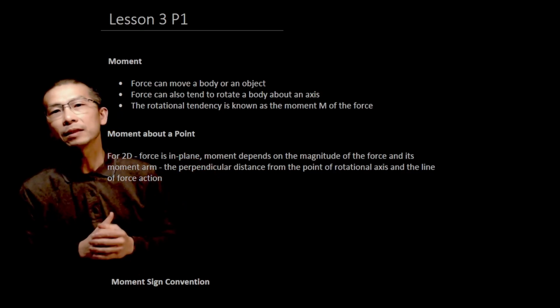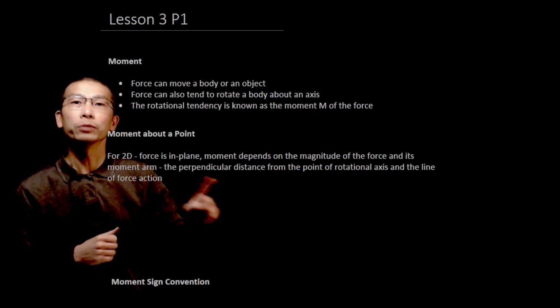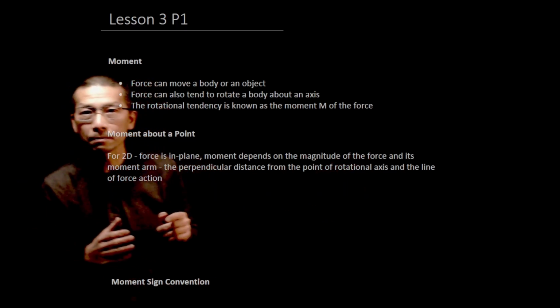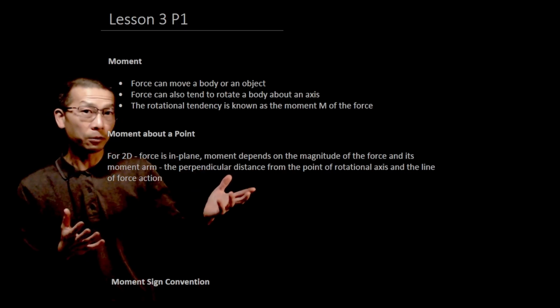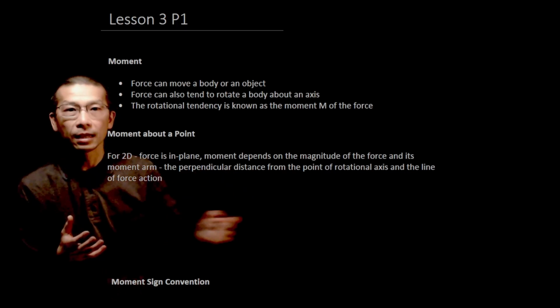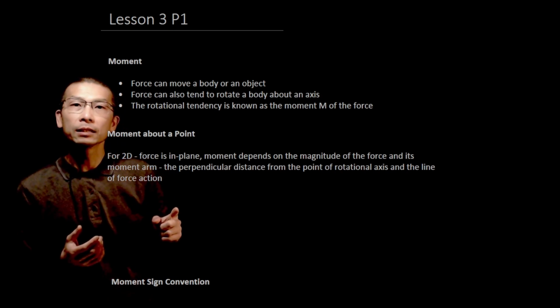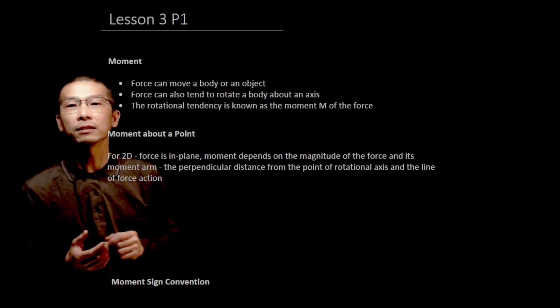That moment arm is the perpendicular distance from the point of rotational axis, in other words the point of interest, to the line of force action. And we will see what this means.